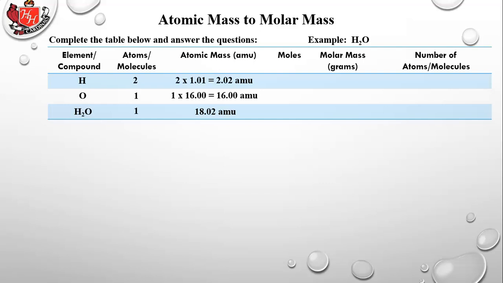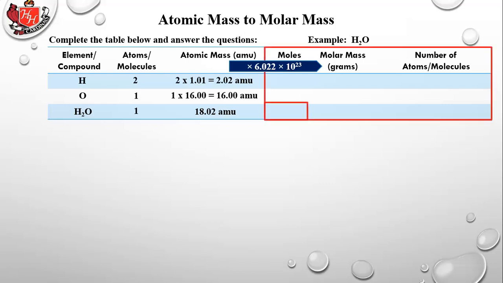So we decided that a mole is going to be 6.022 times 10 to the 23rd, and we're going to multiply everything by that. So 2 atoms of hydrogen becomes 2 moles of hydrogen. 1 atom of oxygen becomes 1 mole of oxygen if we multiply by that number, Avogadro's number. And finally, 1 molecule of water becomes 1 mole of water right there.